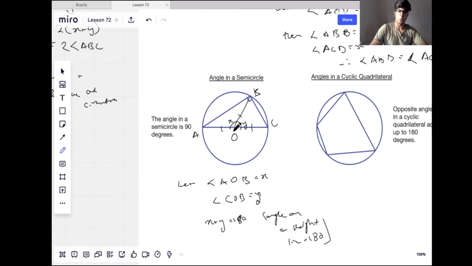If we know that sums to 180, we know that this is also an isosceles triangle.